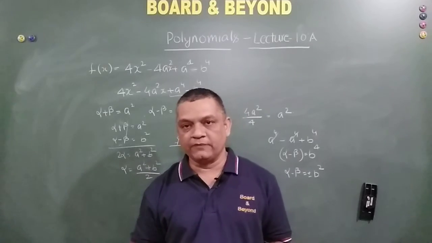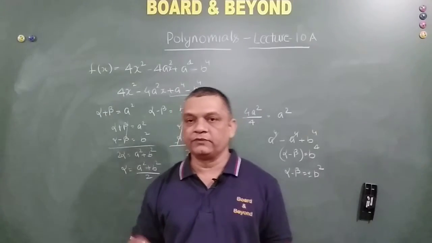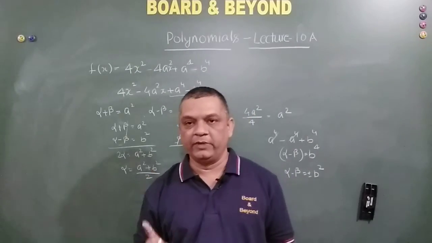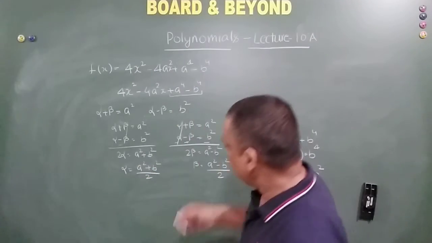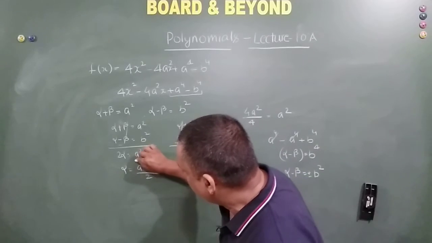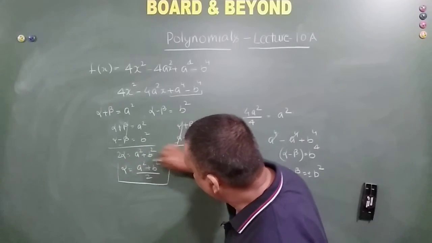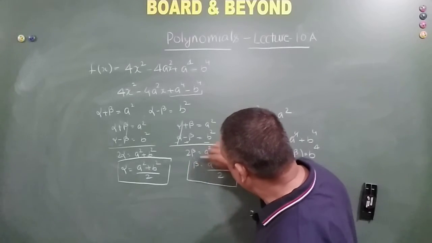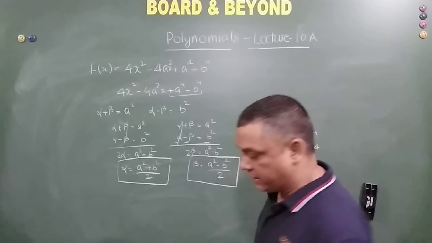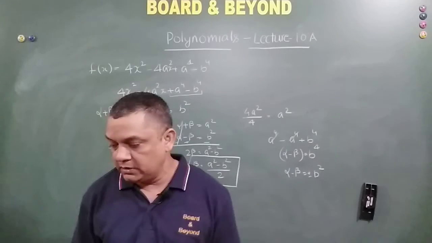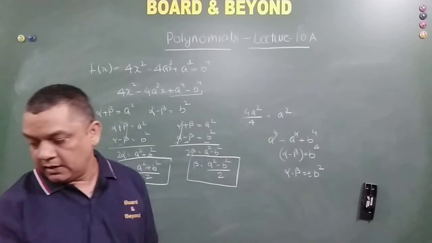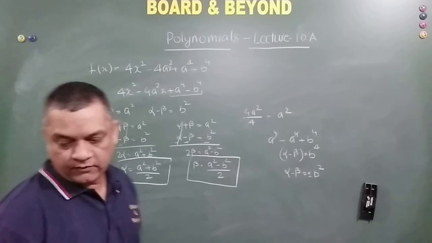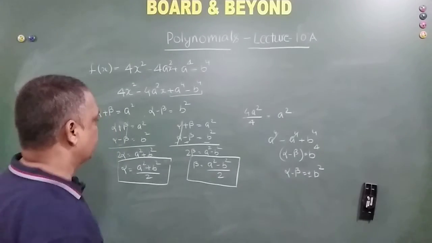Now using the sum of the roots and the difference of the roots, we have separately identified and found alpha and beta, okay? So your alpha is a square plus b square by 2, and beta is equal to a square minus b square by 2, okay? So we were expected to find out the roots for this quadratic polynomial. So that is how we have completed it, okay?